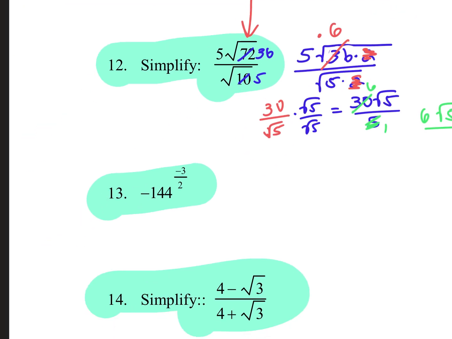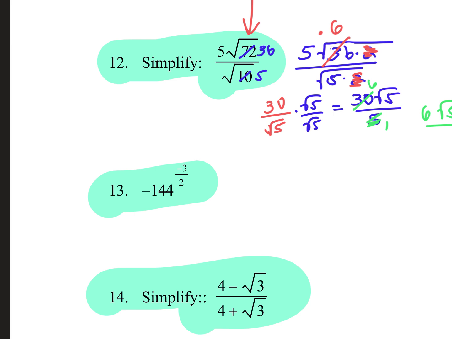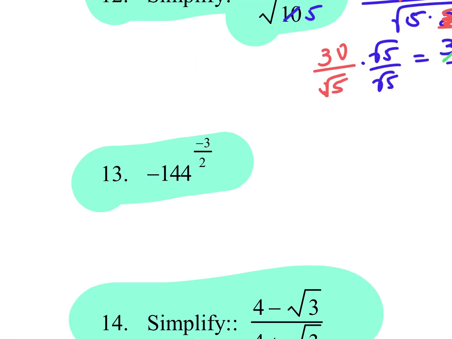All right, let's pay attention to 13. 13 is really important. Is the negative included in this problem? No, it is not. That's a negative that's on the outside. If the problem was written like this, that means I'm talking about negative 144. That's not what this says.